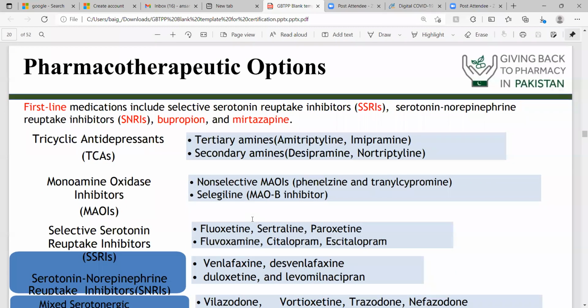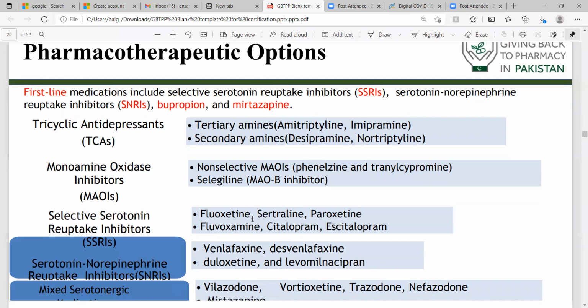If you are talking about treatment options, first-line medications are SSRIs and SNRIs most of the time. And if those are not effective, bupropion and mirtazapine. In our common practice, we do not see tricyclic antidepressants as a first-line agent, but those are still there.